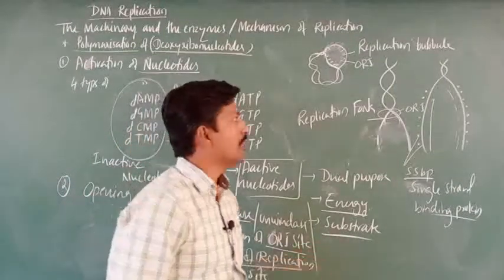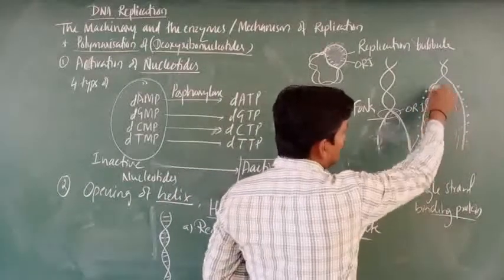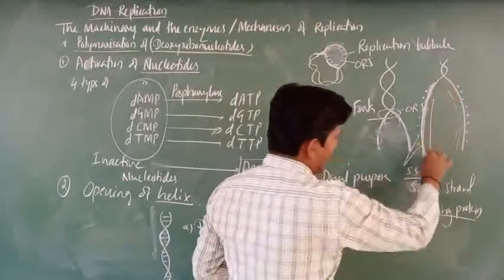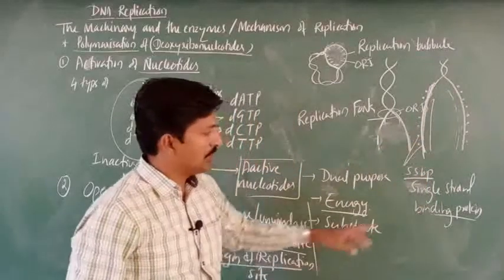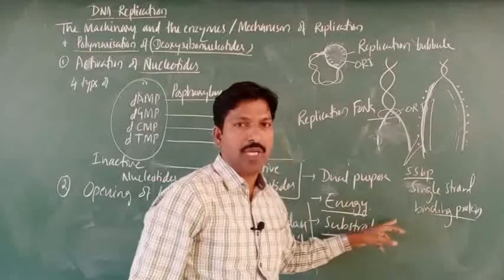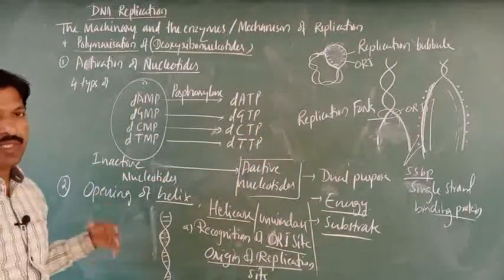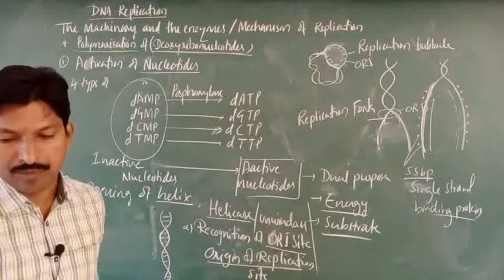Then they become straight. So they become completely linear due to the presence of these single strand binding proteins. These are also enzyme-like proteins involved here. So these are the two steps. Let us take the next step in the next video. Thank you, students.